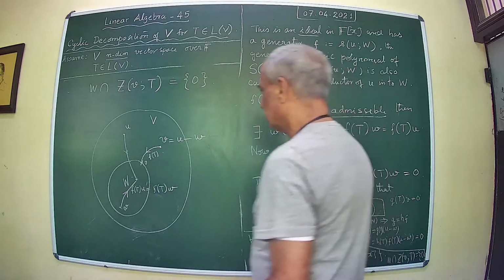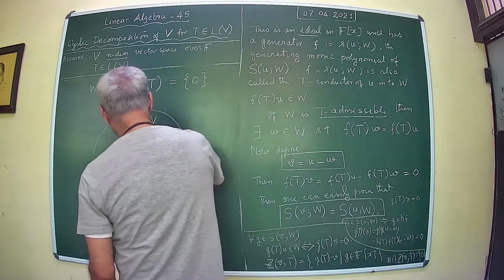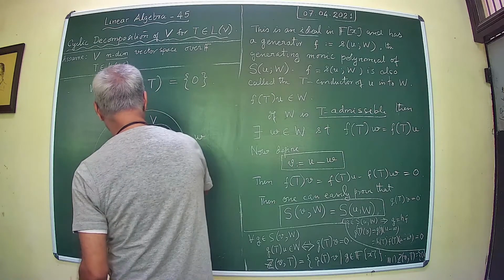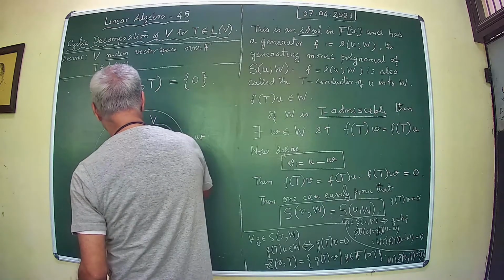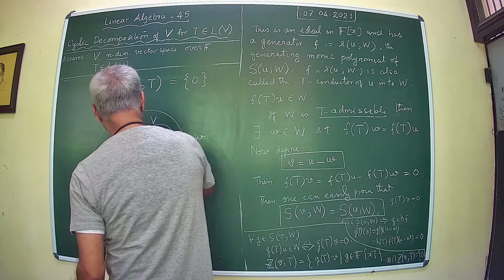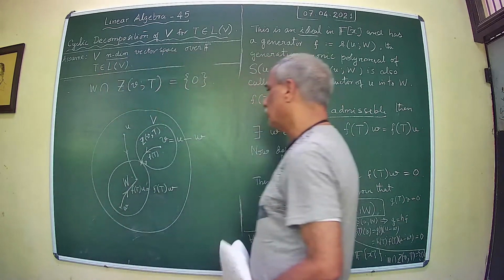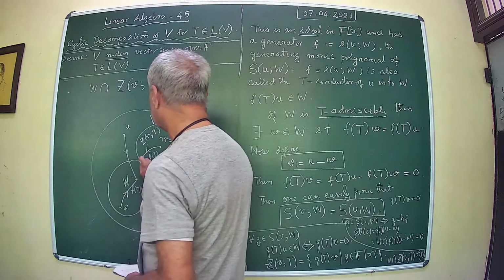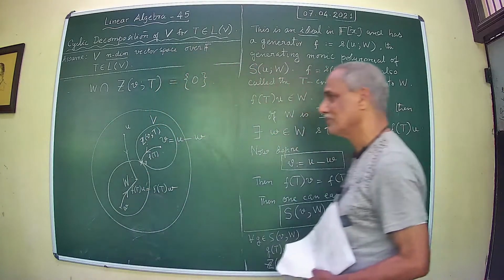Okay. Now you choose this V and then form what is called... so you see the only common element between ZBT and W is the 0 element.